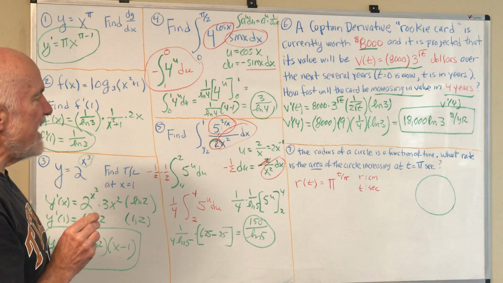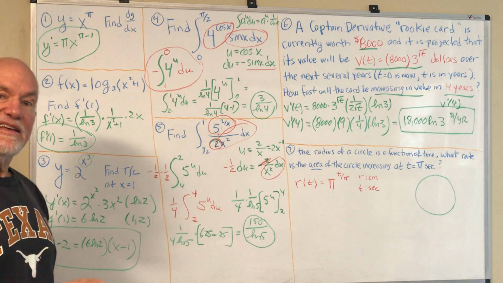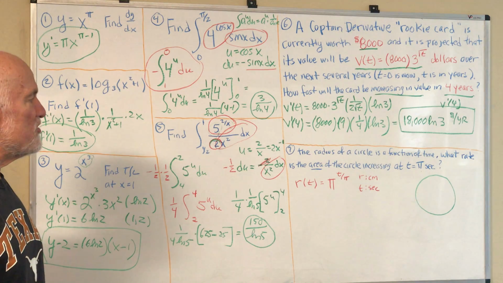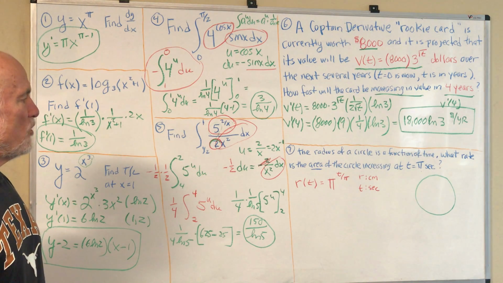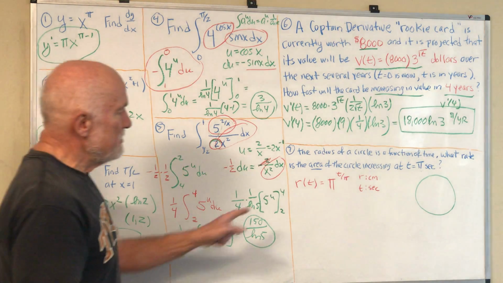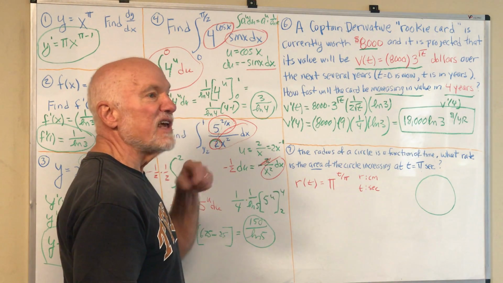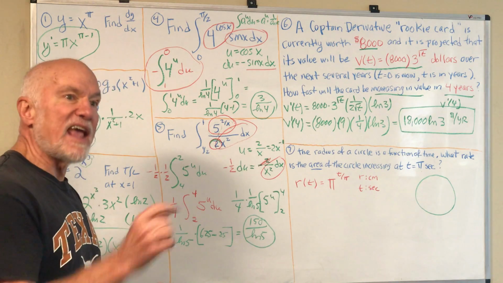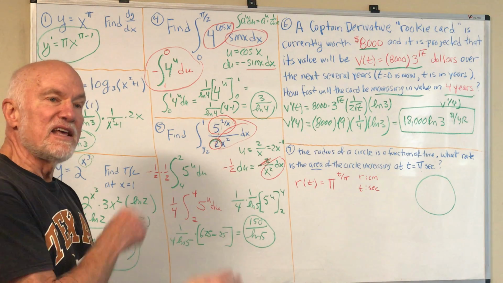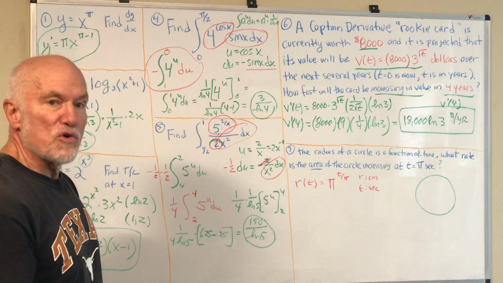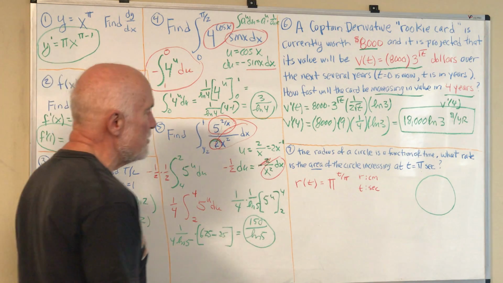So what we want to find is dA dt, the rate of change of the area with respect to time. We don't have any rates, but we can get the rate of change of the radius. And the radius is related to the area. So this is a related rate problem, which we used to do quite a few of those, but we haven't done any in a while.